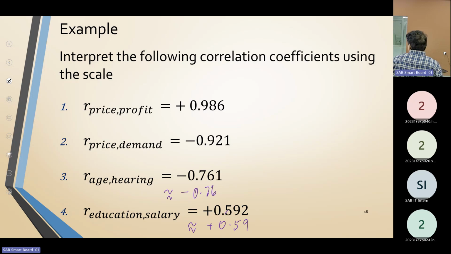So what is the relationship? Moderate, not strong or very strong. So it shows that there is a moderate positive linear relationship between education and salary.